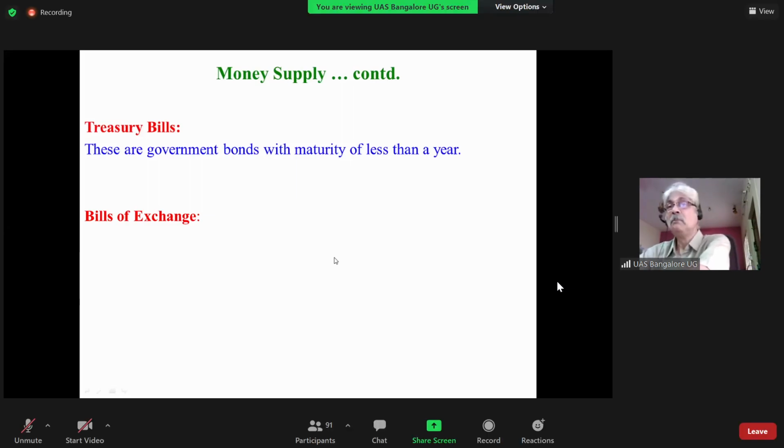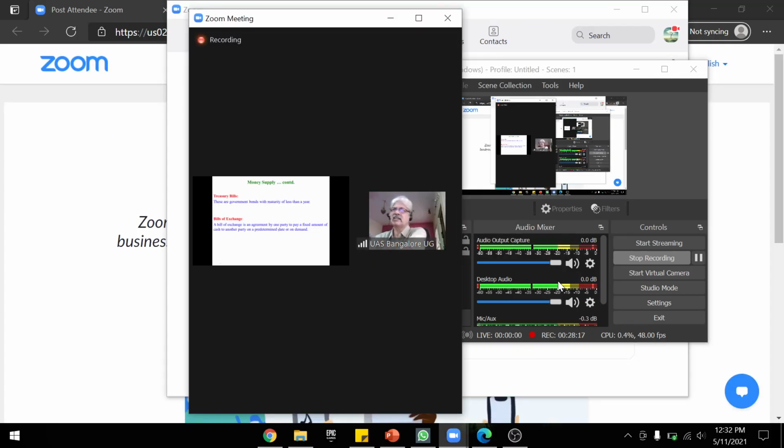Then bills of exchange. I think yesterday I explained this. A bill of exchange is an agreement by one party to pay a fixed amount of cash to another party on a predetermined date or on demand. Usually this is followed in case of international trade, exports and imports. Bills of exchange are primarily used in international trade.